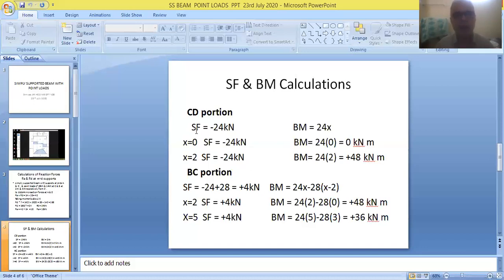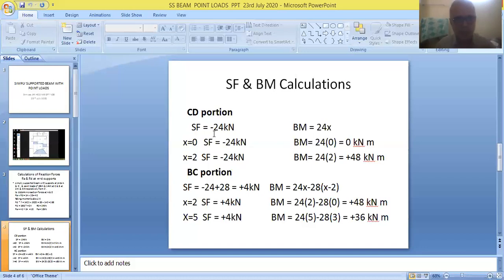And we can find the SF and BM equations for the CD portion. So friends, in the CD portion, only one force, that is RD, which we have calculated just now, is acting in the upward direction. So SF is written as minus 24 kilonewton, negative symbol for upward forces.